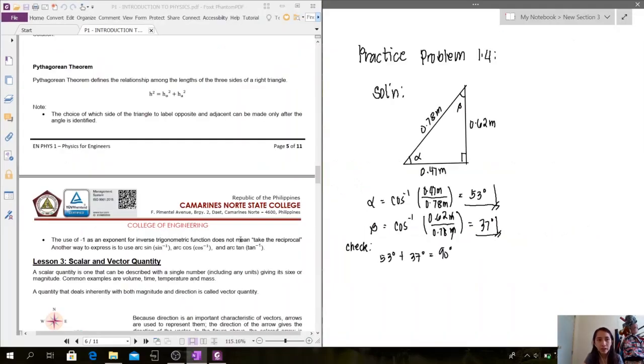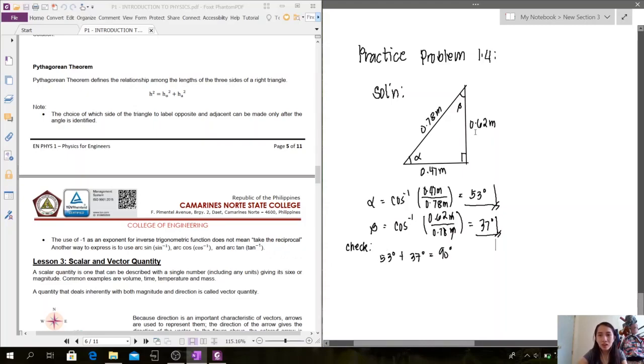So for a short recap, we have two notes here. Before we can decide which is the adjacent side and which is the opposite side, first we have to determine the angle. So, to know which is the adjacent or the opposite side, first we determine the angle.